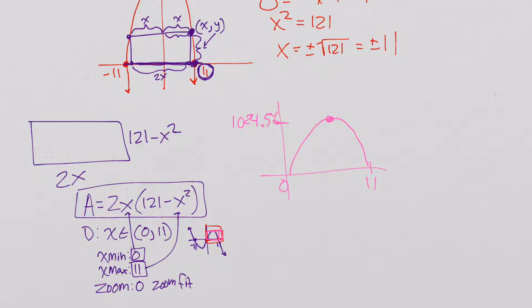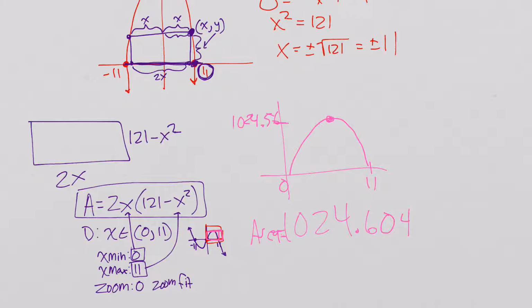And then for guess, I'm just going to hit enter. And it will think for a minute, and it will give me 1024.604, and that would be my area.